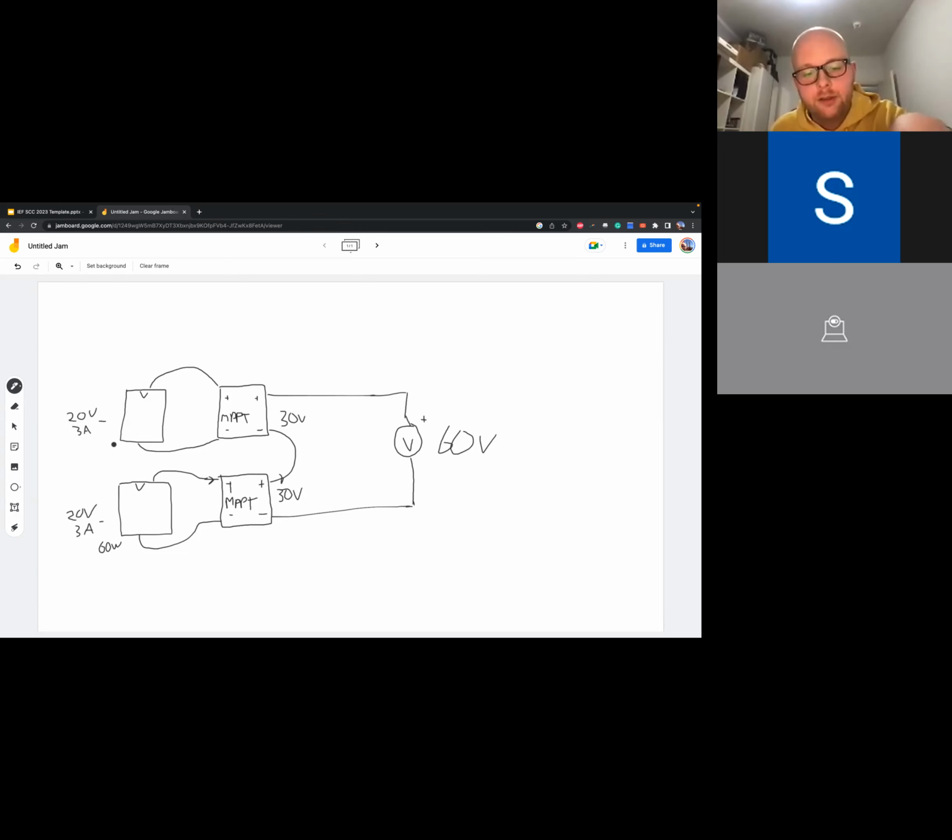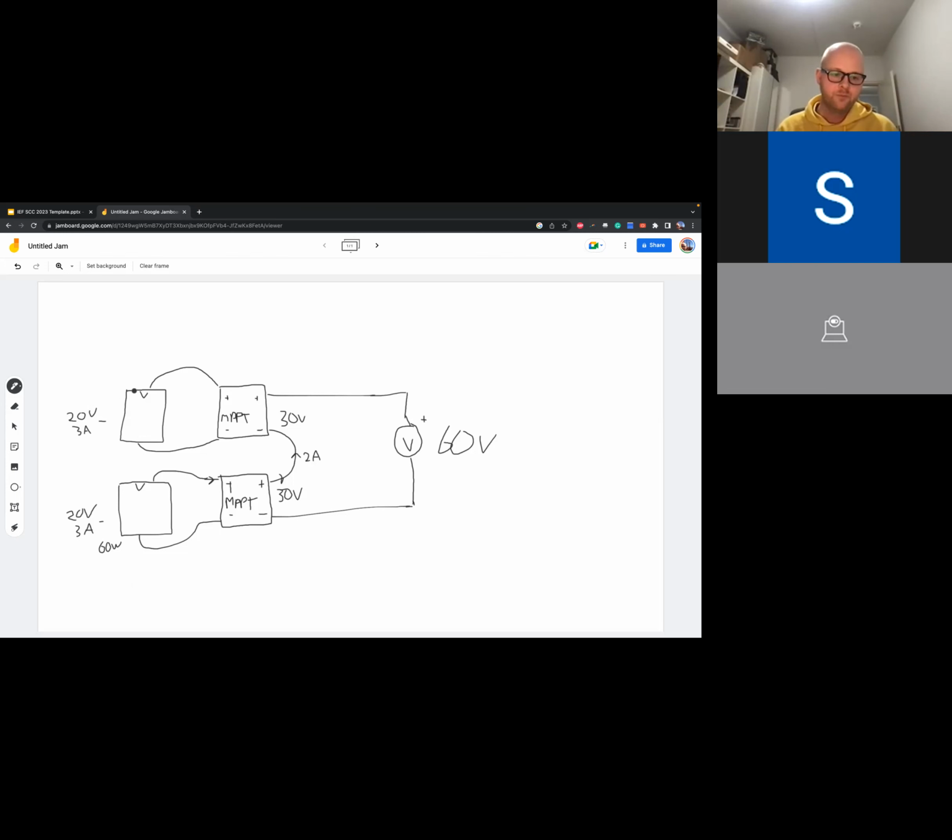And because they're placed in series, they have an equal output current. Okay, this is a balanced system where the input powers of the MPPTs are the same, and therefore the output powers of the MPPTs are the same.